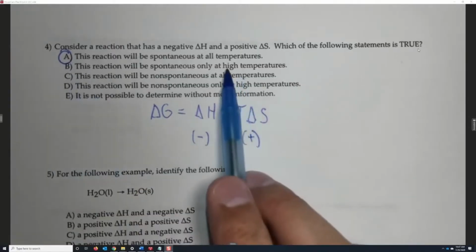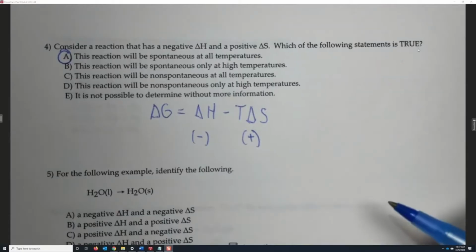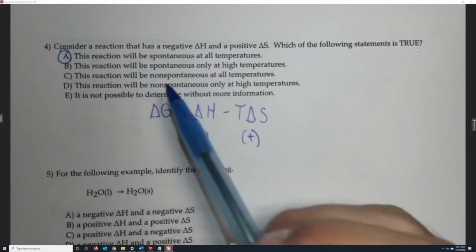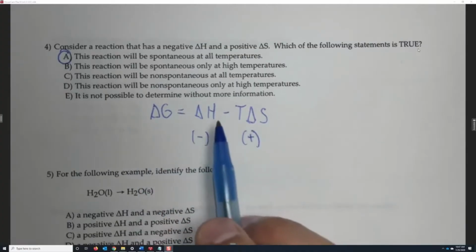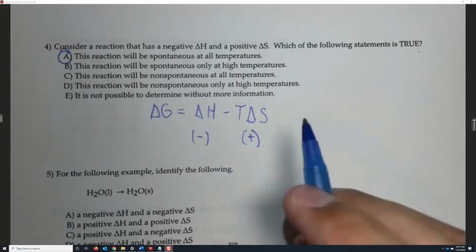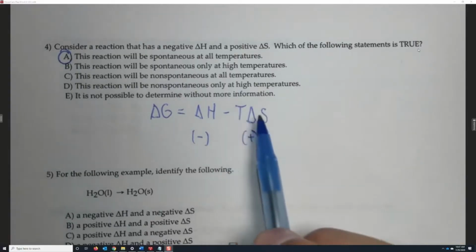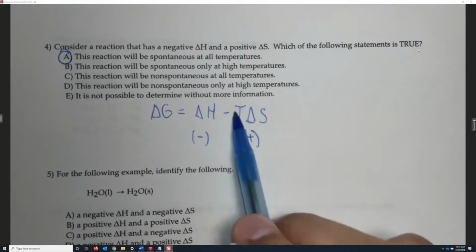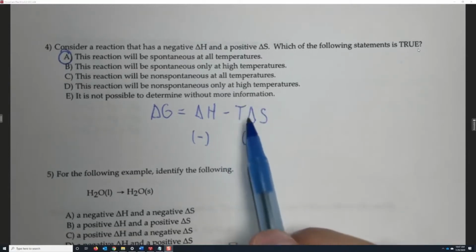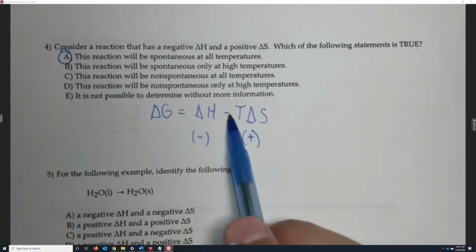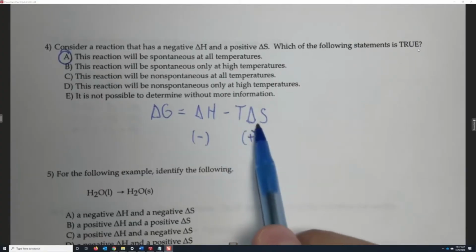This reaction will be spontaneous at high temperatures. So I know these aren't the right answers, but I figured we could go through each one of them. So let's take a look at when it'll be spontaneous only at high temperatures. In this case, that would mean that this value we want to be greater, because high temperature means high T, and therefore it means high T delta S. So when this is negative, this is positive.